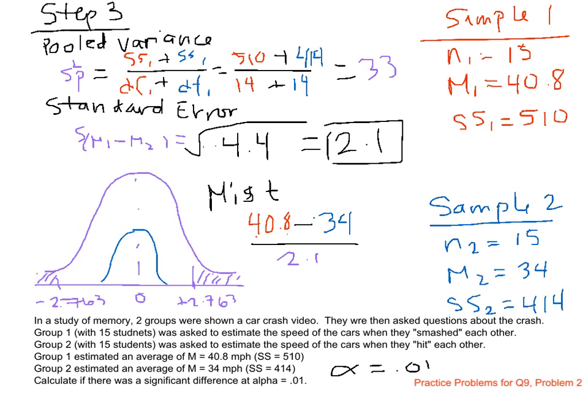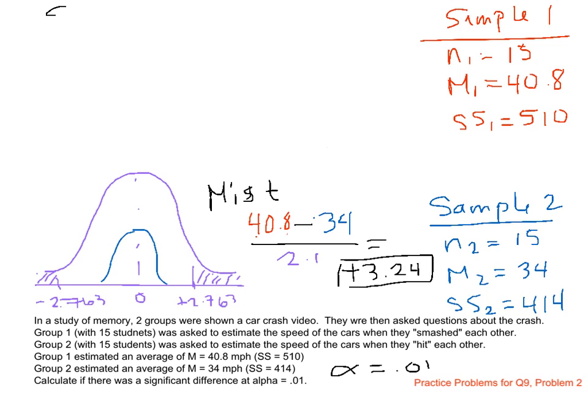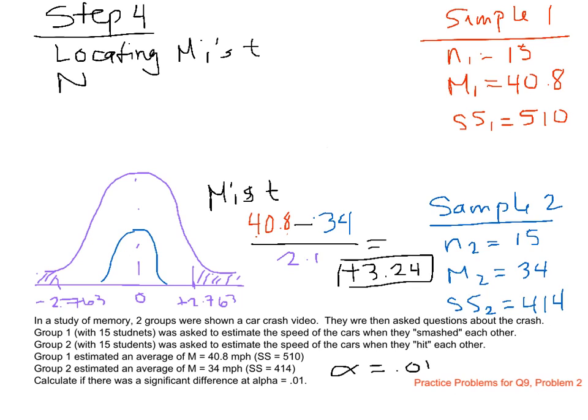And when I do the math, my t should come out to positive 3.24. So that is my M1's t.